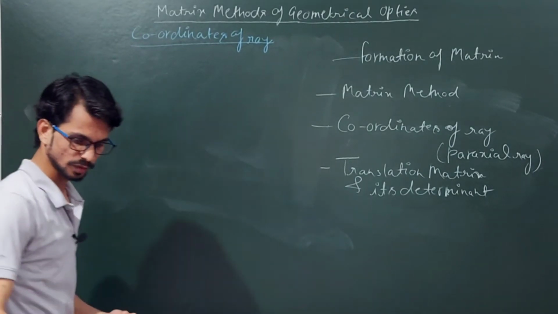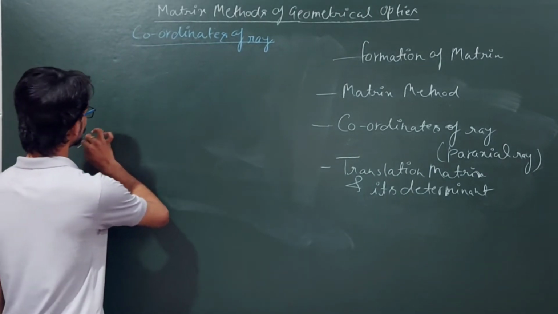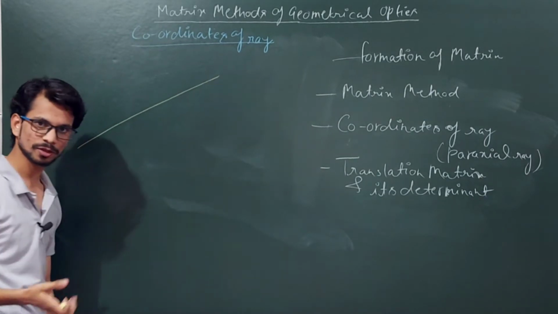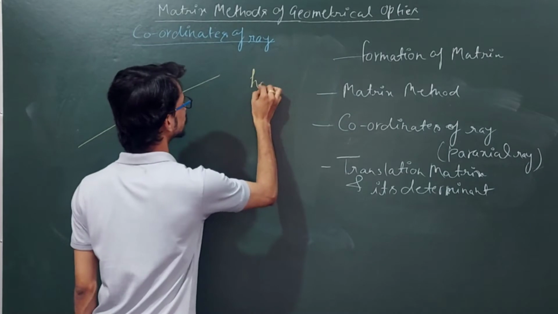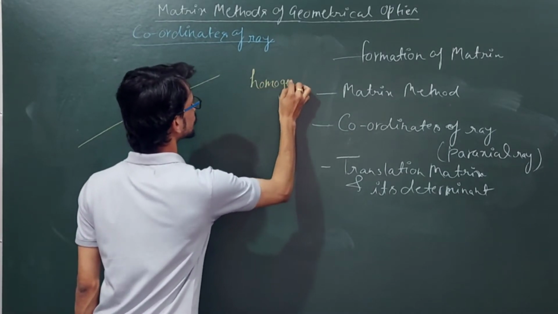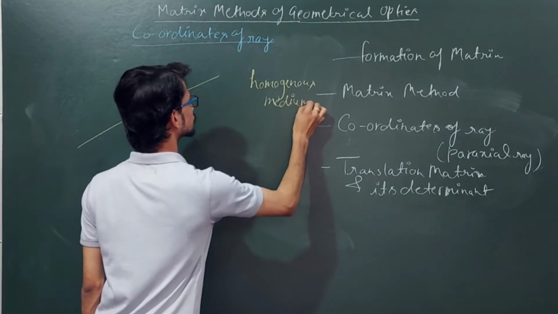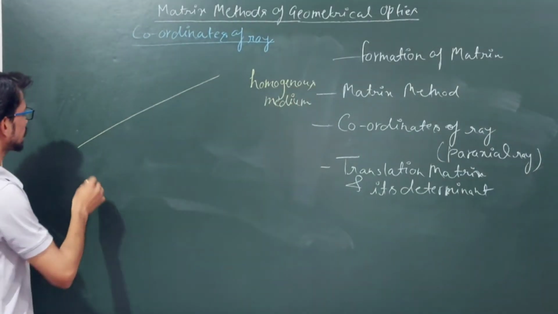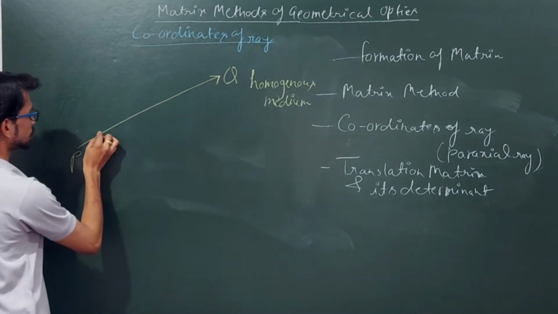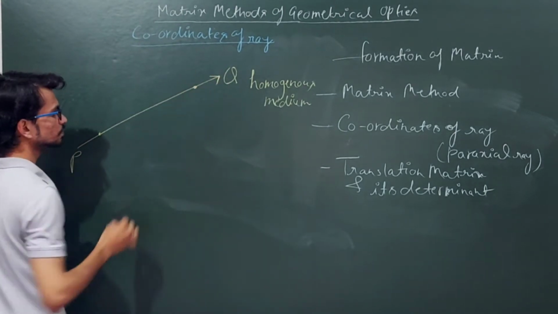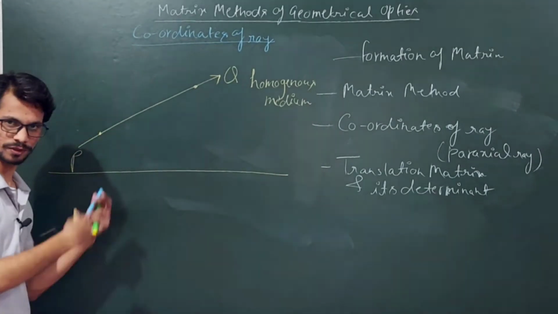Let us take a general phenomenon. Let's say there is a ray which is coming from an object and going through a homogeneous medium. Let's say this ray is PQ. These are the 2 points P and Q on this ray, and let's say this is the principal axis for this phenomenon.